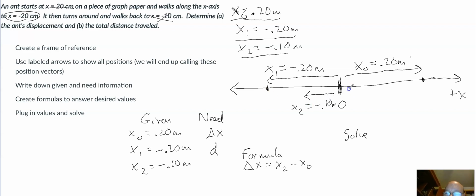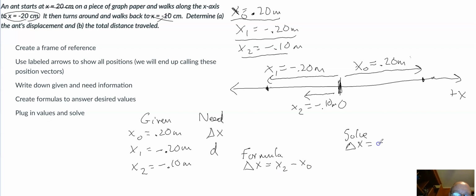I make my drawing, then I transfer the information that I have on my drawing to a list. I state what it is that I need, and then I create a formula that's going to solve the problem that I have. I need delta x. Well, I know delta x is the final minus the initial, and so I'm just going to come over here and say delta x equals, what was x2?